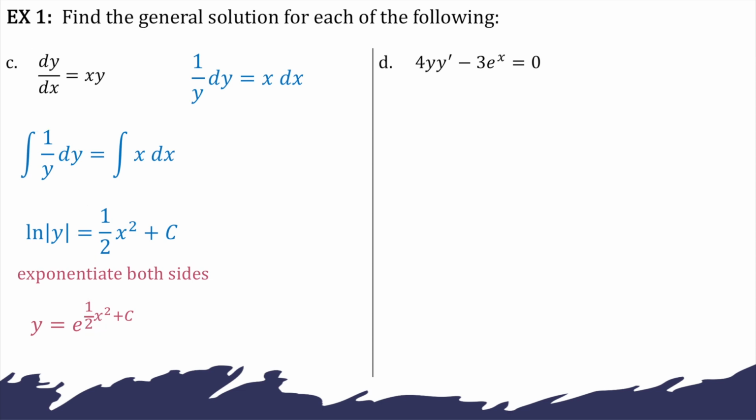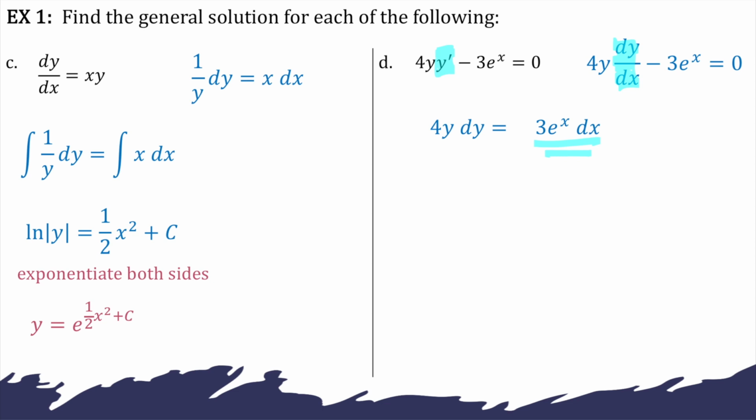Okay, next one. We've got 4y y prime minus 3e to the x equals 0. Okay, so let's get all the y stuff on one side and all the x stuff on the other side. And you'll notice here that I changed, just for my own brain, y prime into dy/dx, okay? And then I can get 3e to the x dx over to the other side.